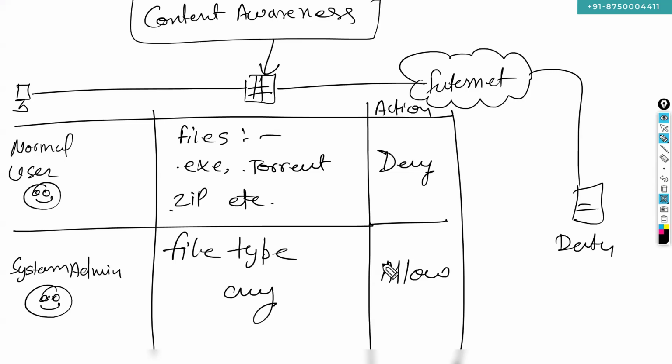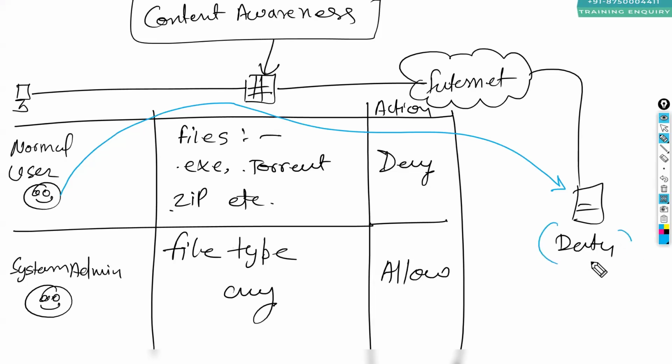Now what will happen? Simple. When this normal user sends a request, that request will go to the public server, and if the public server sends the data, that data will be filtered through the content awareness blade. If this data contains an exe, torrent or zip file, that will be blocked.